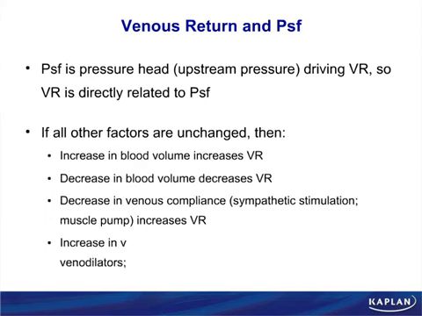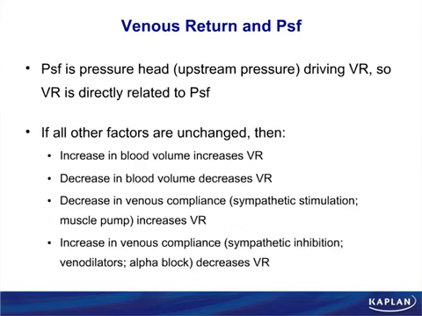If I increase venous compliance, and we can certainly do this as well, that's inhibition of the sympathetics, also giving drugs like nitroglycerin, which can venodilate, and also blocking alpha receptors will decrease venous return. Now, you also have to remember that most of the alpha blockers, their predominant effect is on the arterial side. So it gets a little bit tricky with respect to alpha block.